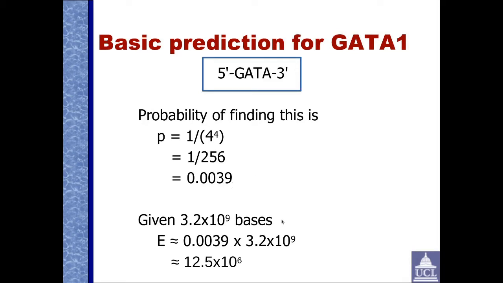Now, given that we have around about 3.2 billion base pairs in DNA, that means that by multiplying that number by the probability, we get the expectation value, the number of times we expect to see this pattern if everything is completely random. So we would expect to see it 12.5 million times in the human genome. Now, clearly that cannot be a real signal of information about what the GATA1 transcription factor is doing.